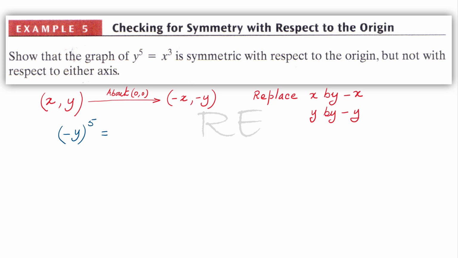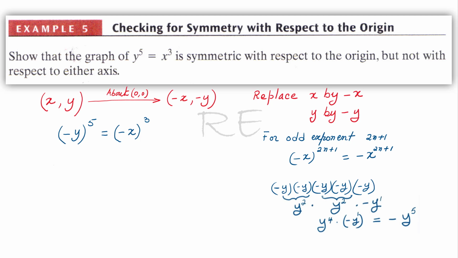(Negative y) to the fifth is equal to (negative x) to the third. Both exponents are odd. Therefore, (negative x) to an odd exponent between parentheses will be the same as negative x without parentheses raised to that odd exponent.